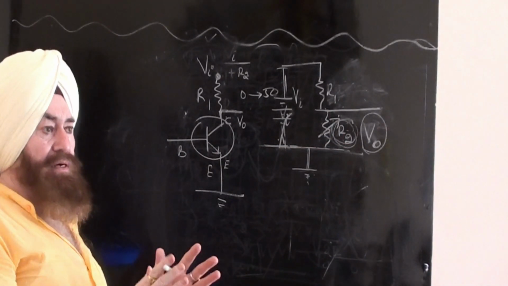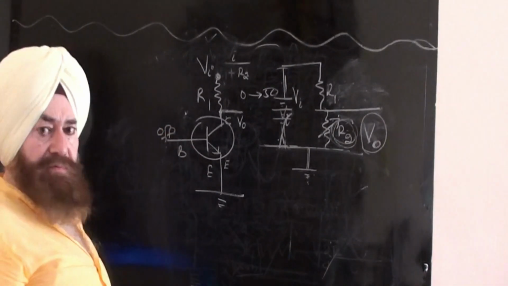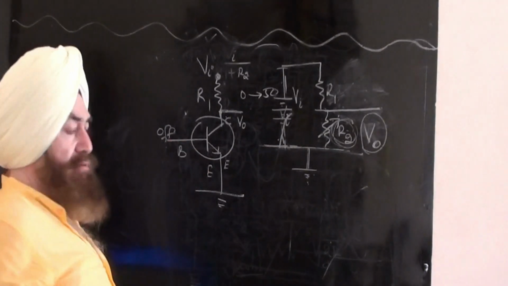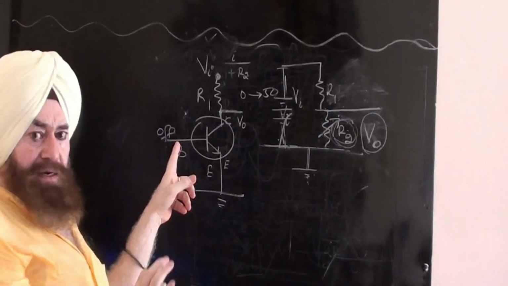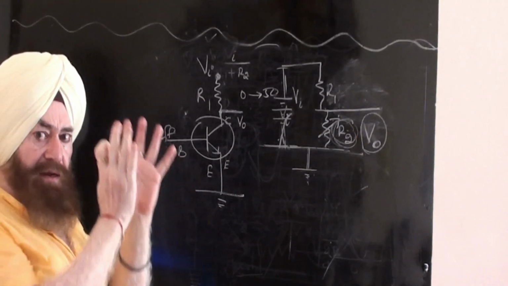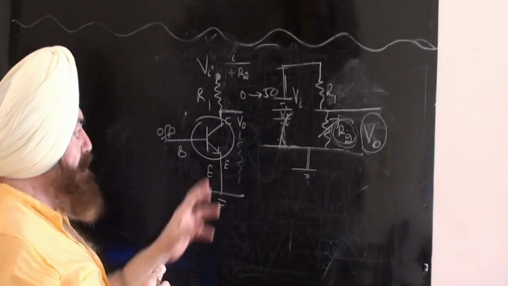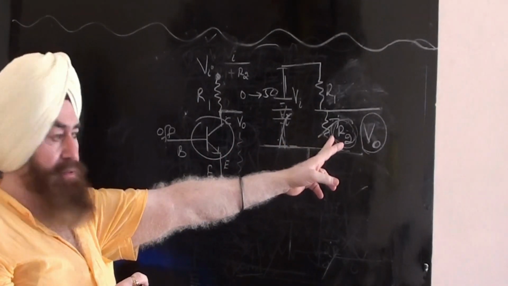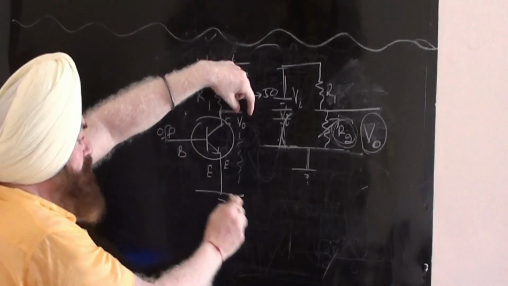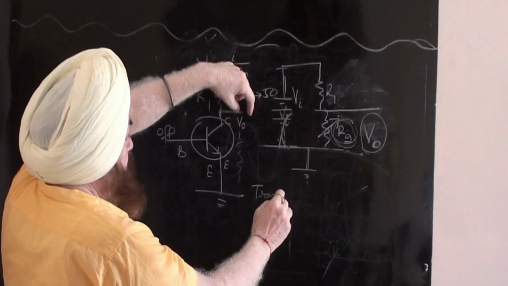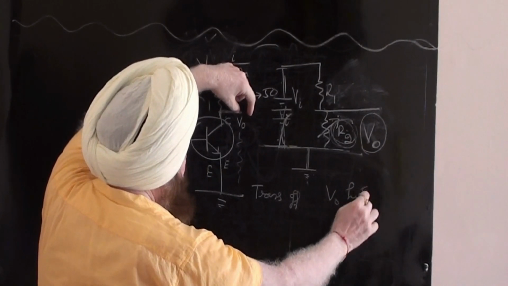So let's come to case number 1. If the transistor is off, meaning no signal voltage here, this is off. Then what happens? Transistor not conducting means very big resistance. Very big resistance, I already told you, so here the voltage will be high. So with the transistor off, V0 will be very high.